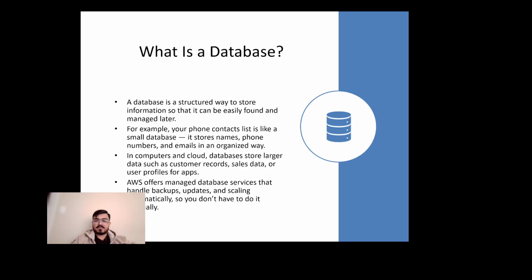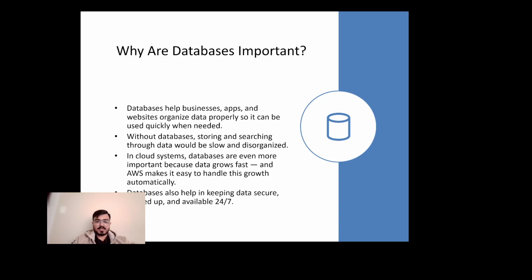It stores names, phone numbers, and emails neatly. In companies or apps, databases store things like user accounts, products, or sales. So AWS gives us managed databases, which means AWS takes care of all the hard work like backups, updates, and scaling. So you can just focus on your application. So let's move to the next.